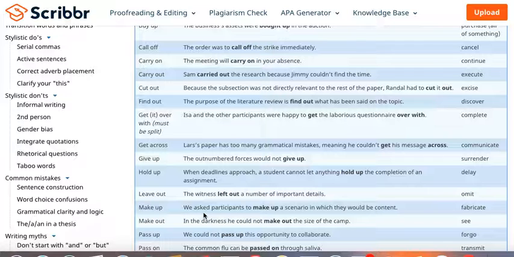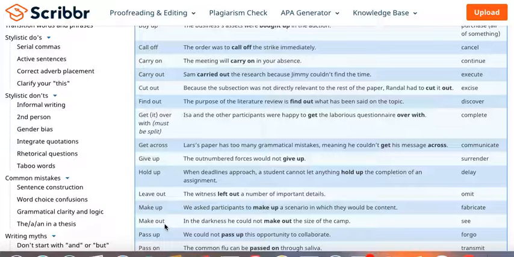Make up. We ask participants to make up a scenario in which they would be content. Make up. Fabricate. Remember, you're going to go back and you're going to adjust the tenses of the verbs. If it's past tense, it's fabricated. Future tense, will fabricate.